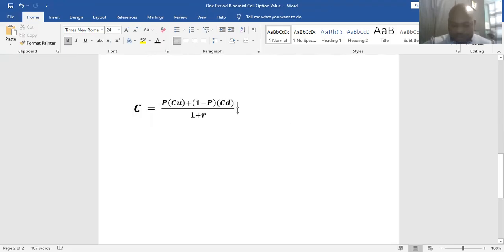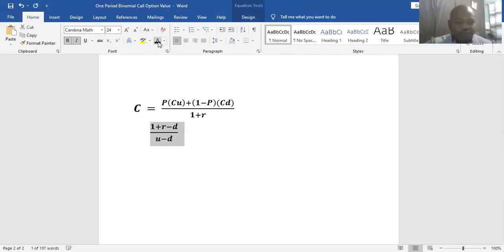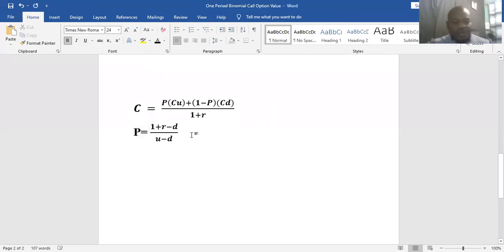And then our P is a formula as well, and this is the formula for the P. Now I need to define things here. What is my P? What is my R? What is my D? And what is my U? My R is the risk-free rate, which is 0.07.